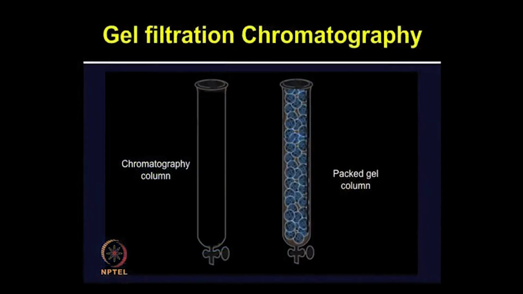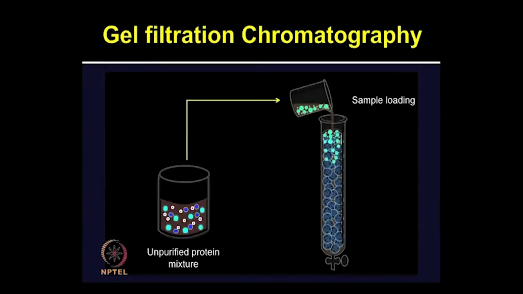The gel filtration column is composed of porous beads which are made from polyacrylamide, dextran or agarose. These columns are packed with the hydrated porous gel matrix.